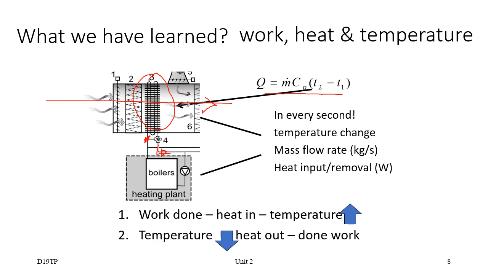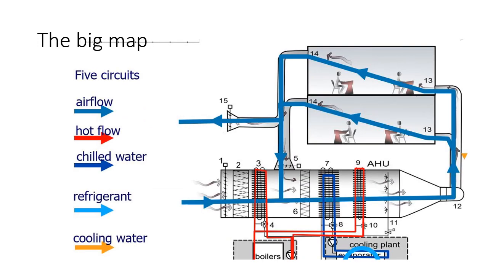If we focus on the air, T2 is after heating and T1 is before heating, Cp is the specific heat of air, and m is the air mass flow rate. This will be the heat gain by the air. If we do work on the air, the temperature rises. If the temperature drops, heat is being taken away. So that's the first application.